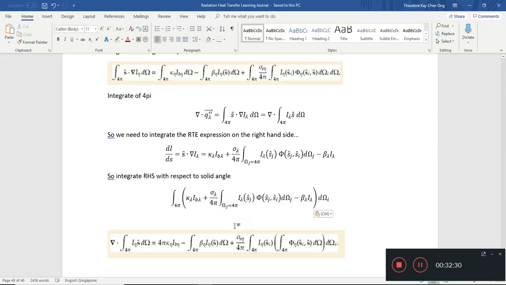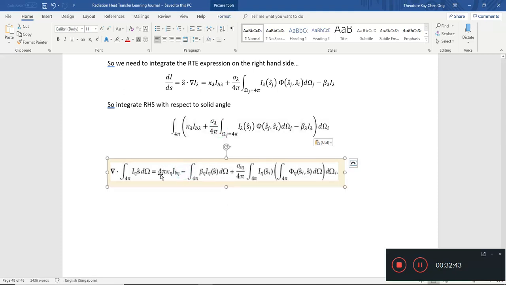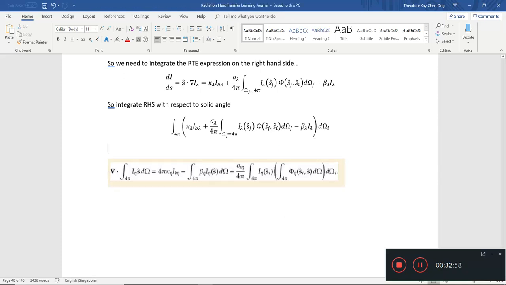Now, of course, once we do that, there's some math magic that we can do, and that can show how this equation eventually gets to this. This can help get us to our expression for divergence of heat flux.